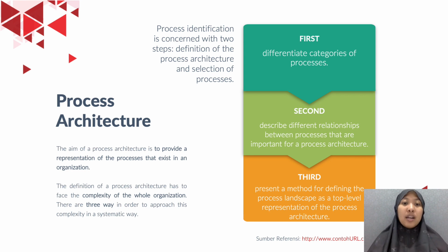And the third one, present a method for defining the process landscape as a top-level representation of the process architecture. When it finishes, the second step of selecting process aims to develop a prioritization of processes for the BPM activities, such as discovery, analysis, redesign, implementation, monitoring, and so on.